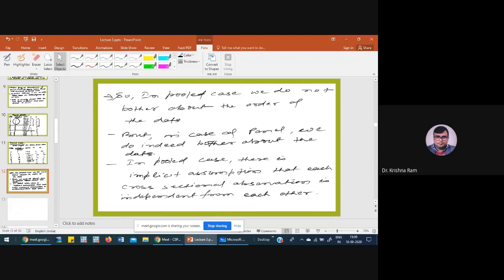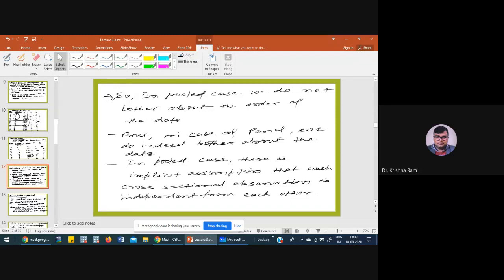So that's about the arrangement of the data in the case of pooled and panel. Again, I am reiterating, when we work with panel data regression, we must ensure our data set is in order. And in the case of pooled, we do not require to do so.